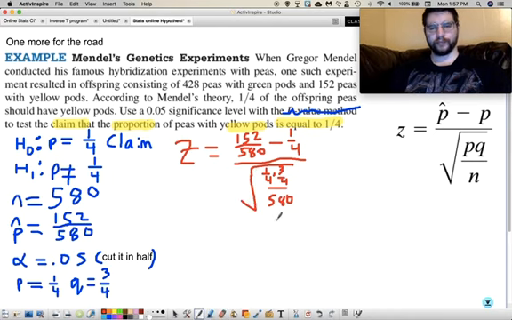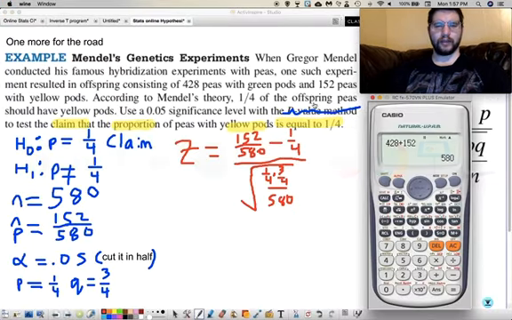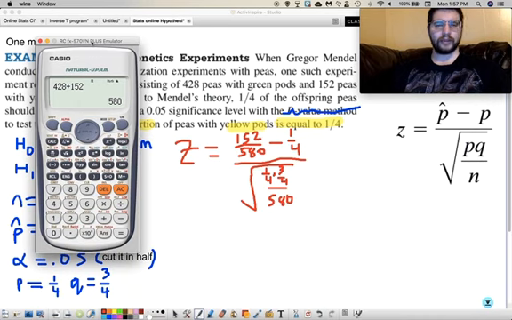All right, type it in. Again, I'm going to type it on the Casio because, well, TI, you can just run the hypothesis test on the calculator, and I'll give it to you.